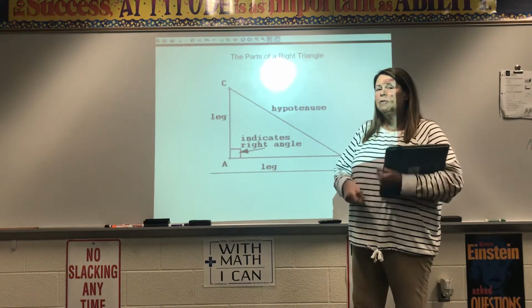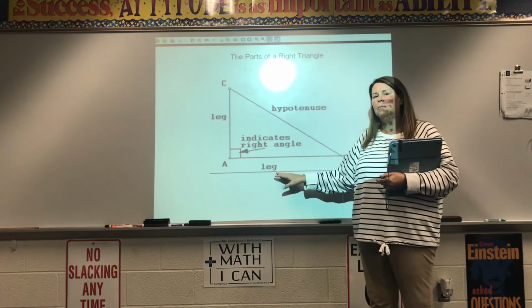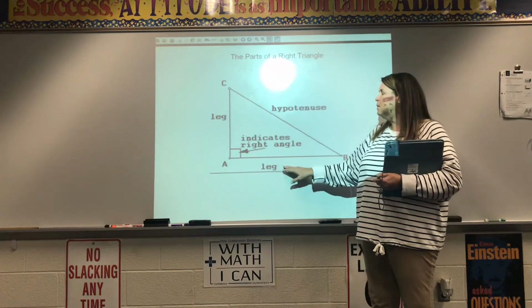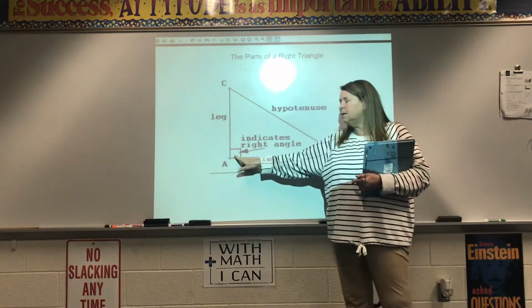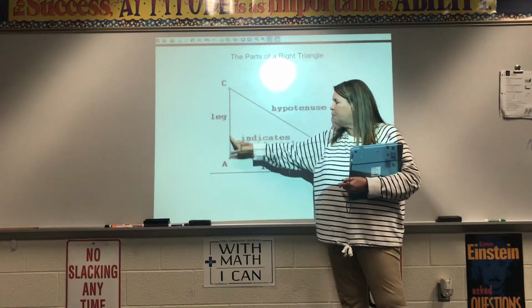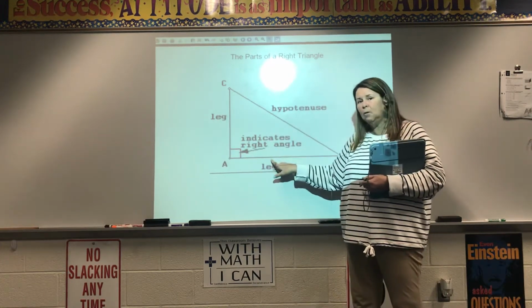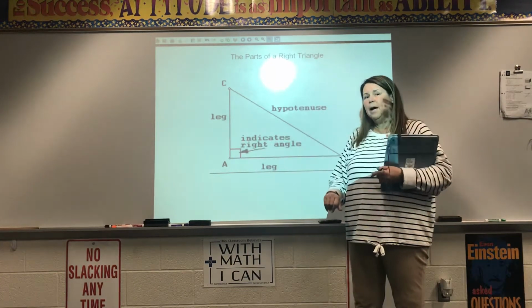Those of you that do have the note packet do not have this right triangle in your note packet. This I wanted to make sure I go over with you. Remember, this indicates the right angle. The two sides that form this right angle are the legs of the right triangle.